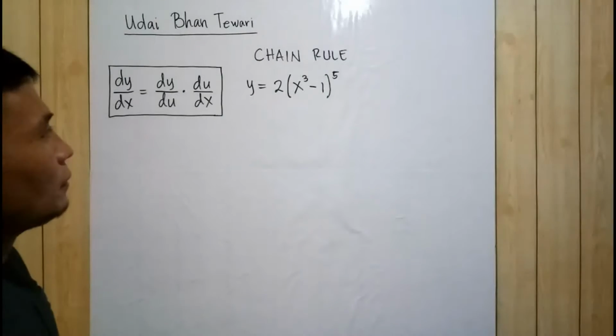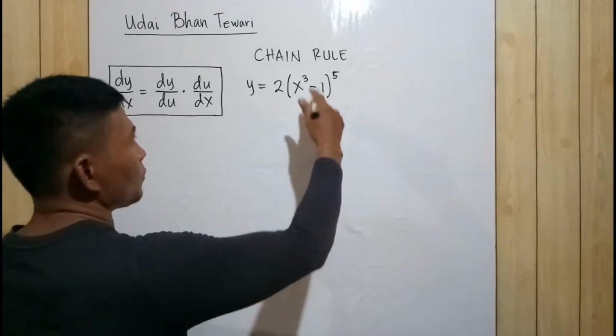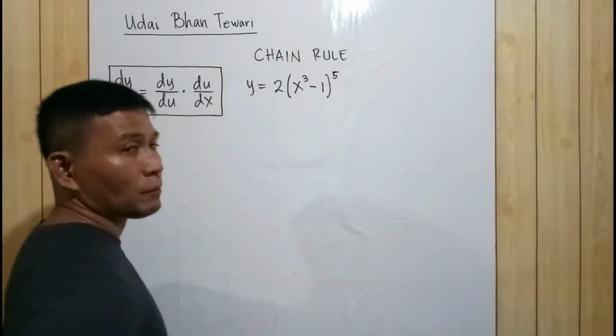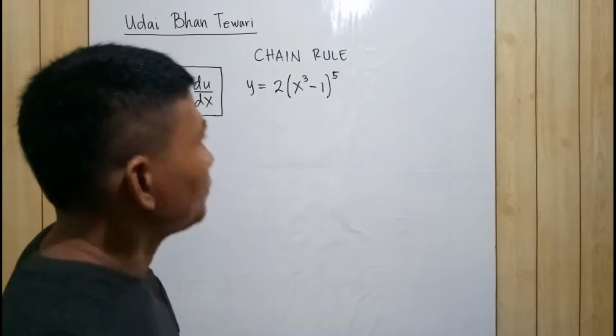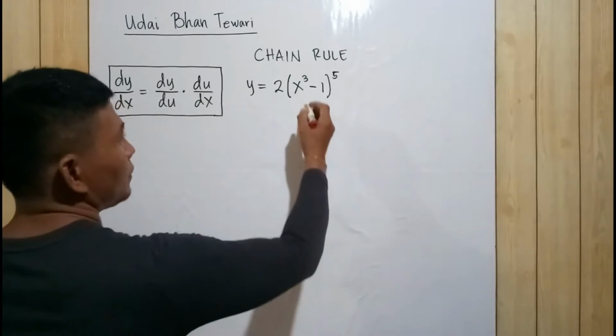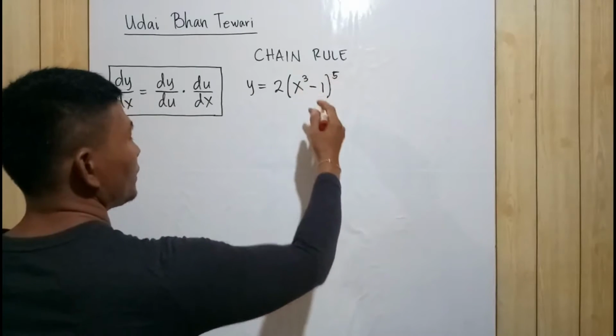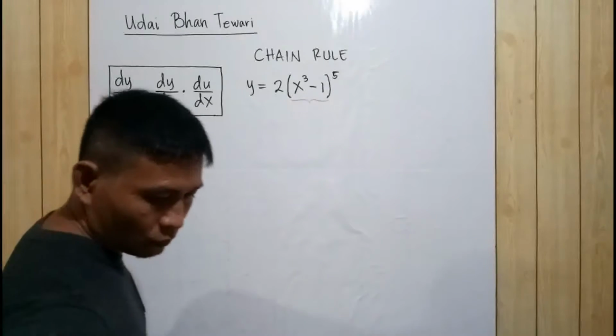So here we are given y is equal to 2 times the quantity x cubed minus 1 to the power 5. So here, chain rule. In chain rule, we let the function inside the quantity sign be equal to another variable u.